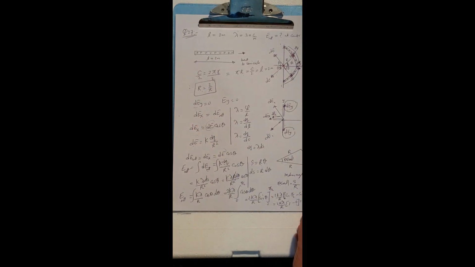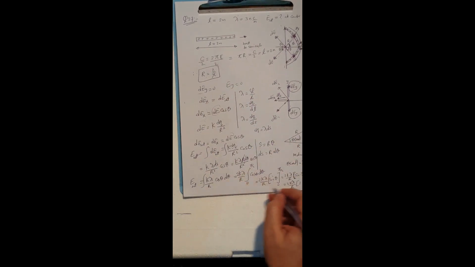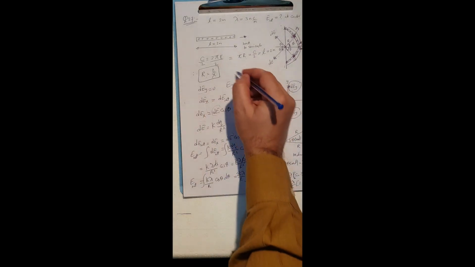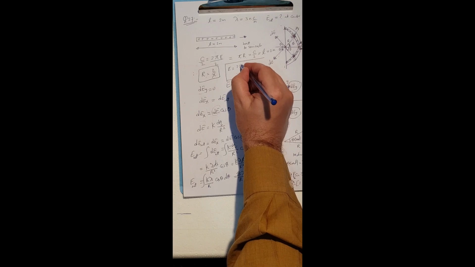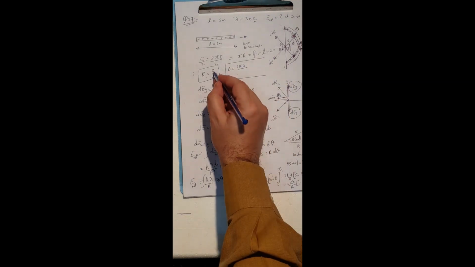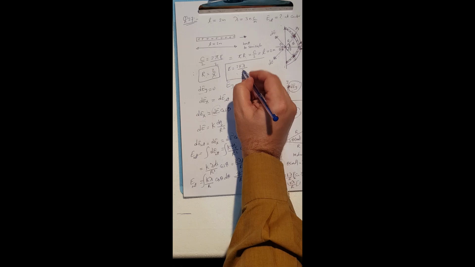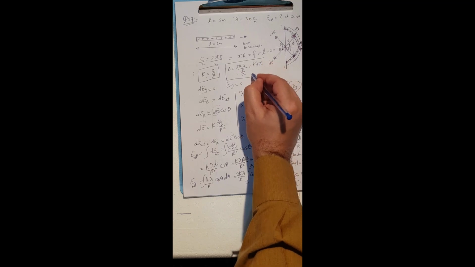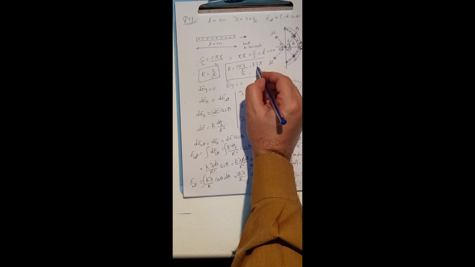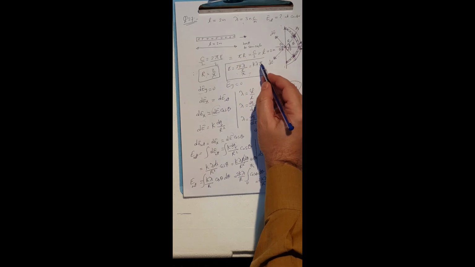So replace r by 2 over pi, substitute, you get the total E. So E net total equals 2k lambda over r, we replace it with 2 over pi, the 2 with 2 cancels, k lambda pi. k known, lambda known, and pi known.